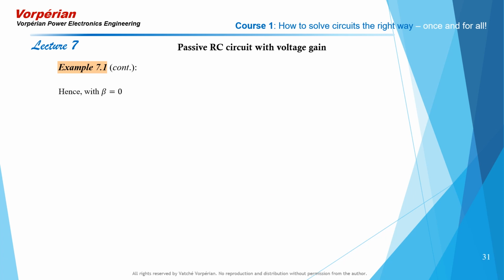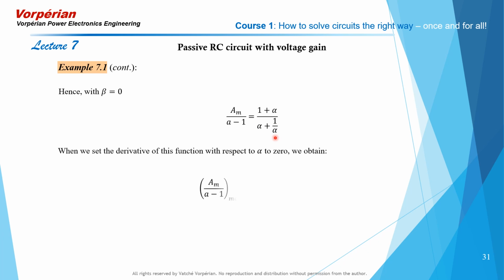Hence, with beta equal to 0 or very small, the peak now becomes equal to (1 plus alpha) over (alpha plus 1 over alpha). This function admits a maximum for alpha equals 1 plus root 2, and the maximum value of the function is 1.2.